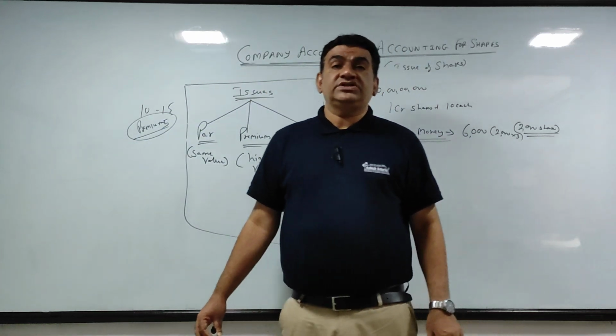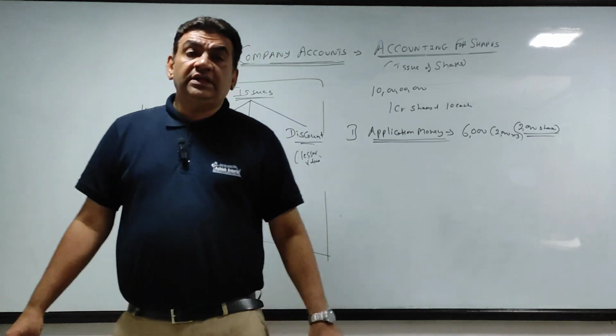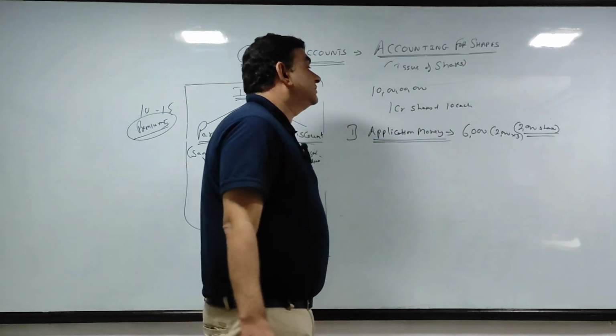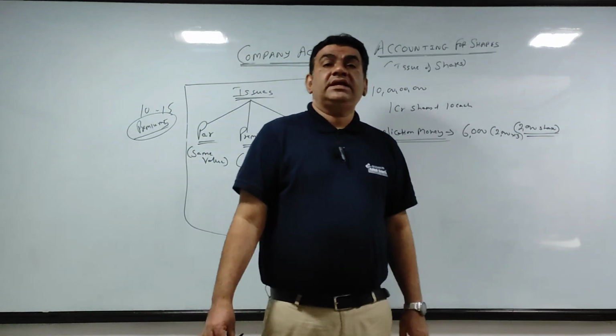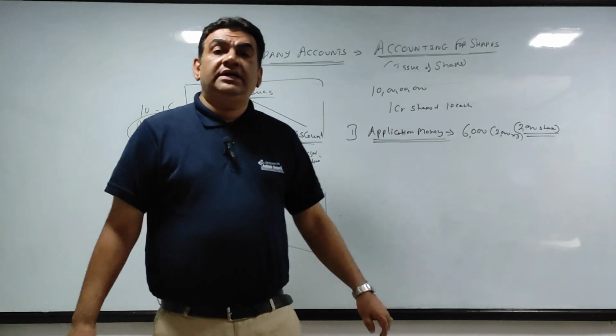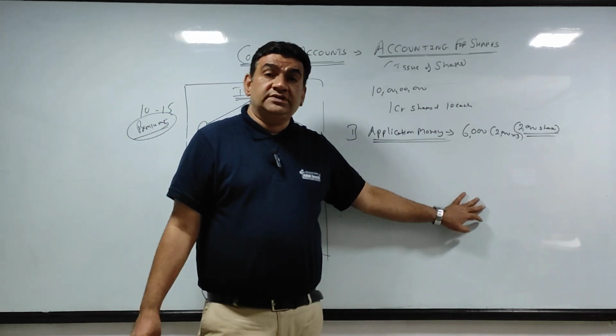Application is 3 per share. So 2000 into 3, that is 6000. So application money received is rupees 6000.